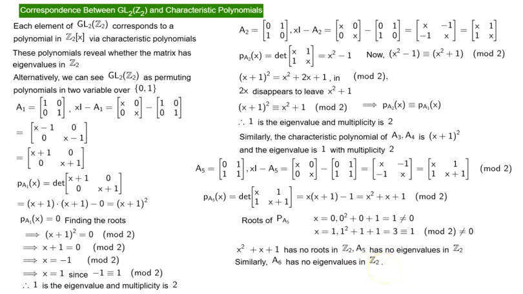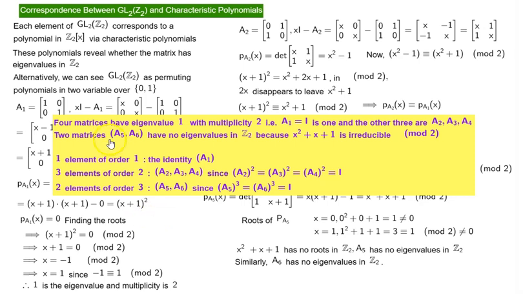So what have we achieved? We have 4 matrices having eigenvalue 1 with multiplicity 2. That is A1, which is I itself, and the other 3 are A2, A3, A4. 2 matrices A5 and A6 have no eigenvalues in Z2 because x squared plus x plus 1 is irreducible mod 2.